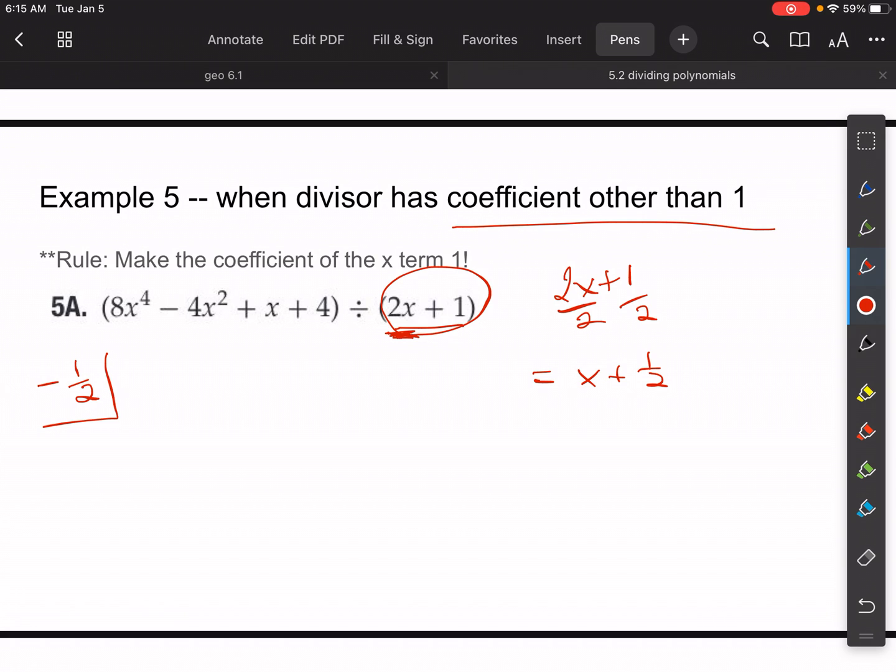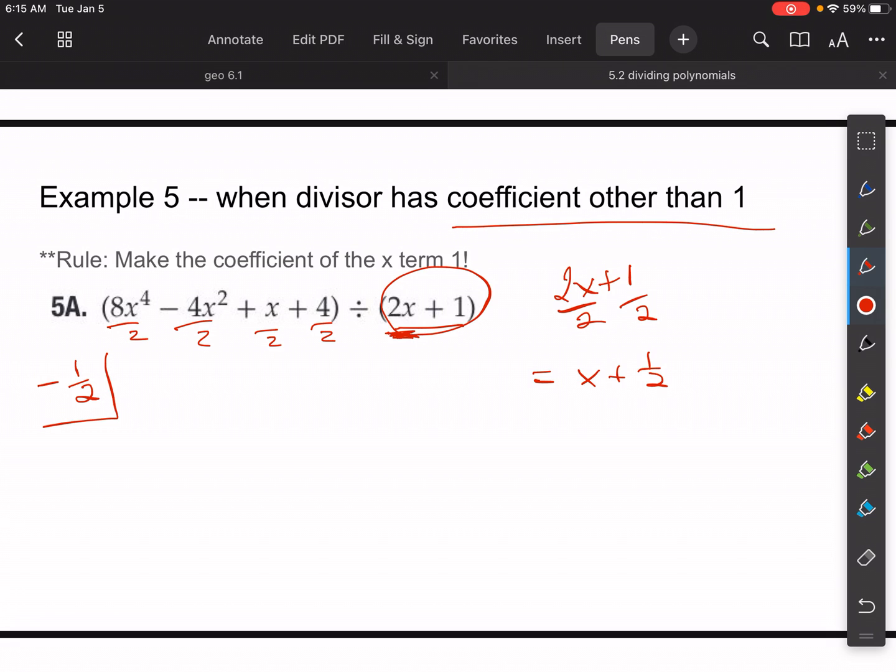But then, don't forget that if you divided this by 2 here, we also are going to be dividing everything that we see by 2. So this gets divided by 2, this gets divided by 2, this gets divided by 2, this gets divided by 2. Okay, so since we modified that first thing, we got to do it to every piece.